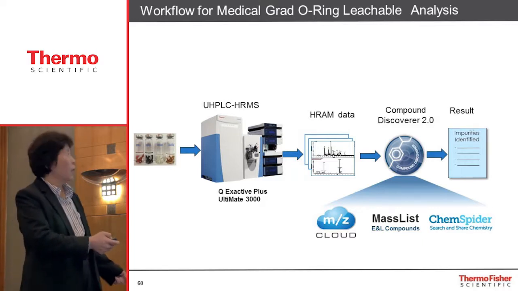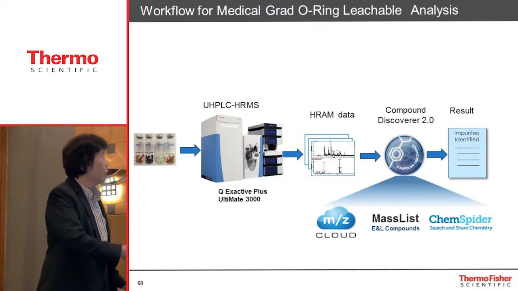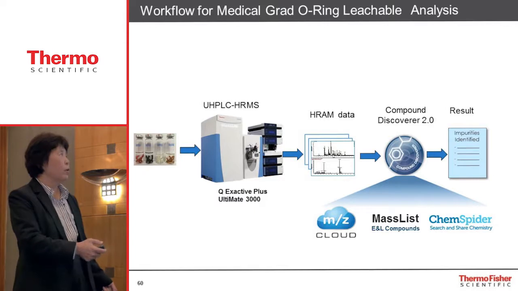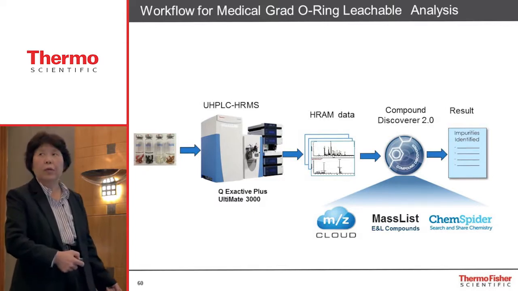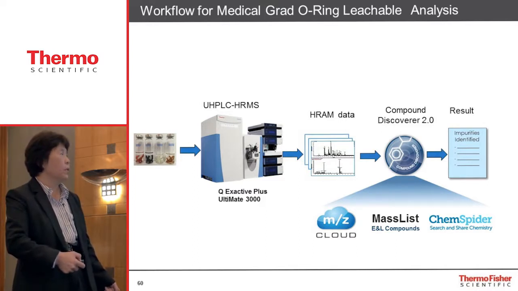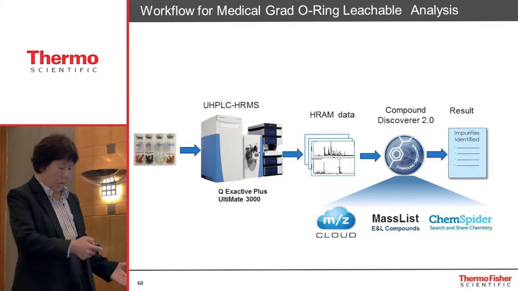Another thing I want to point out is Compound Discoverer 2.0. We can do unknown impurity analysis very easily because we have the mzCloud and this homemade, we simply call it the mass list, which is a common E&L compounds database, and you can also do a ChemSpider search.